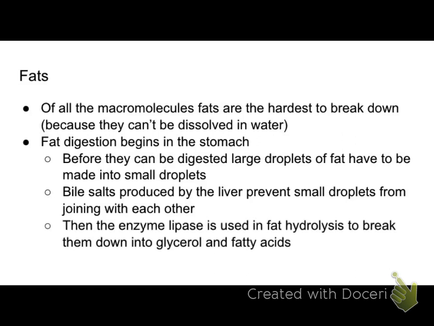Then there's an enzyme called lipase, which is used in fat hydrolysis, and it breaks those fats down into glycerol and fatty acids, which can then be absorbed and taken to the rest of your body for use. So that is digestion.